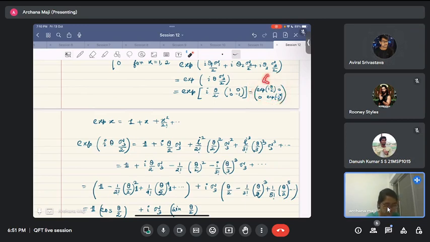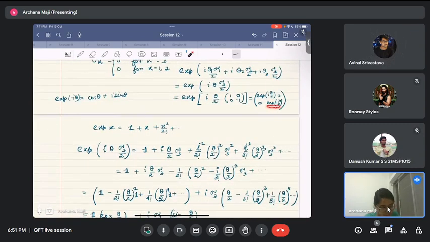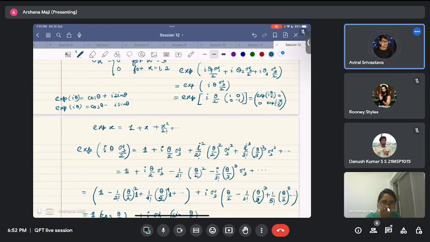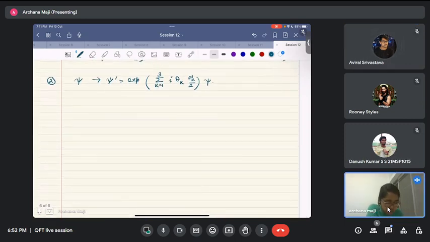So you know that exponential i theta is cos theta plus i sin theta, so you need to apply that, and from that this matrix also you can get immediately, right? And exponential of minus i theta will be cos theta minus i sin theta. So you take cos theta common, sin theta common, and you get that form, right? Okay. Looking at the options, you just decide how you have to proceed from whatever you have learned.